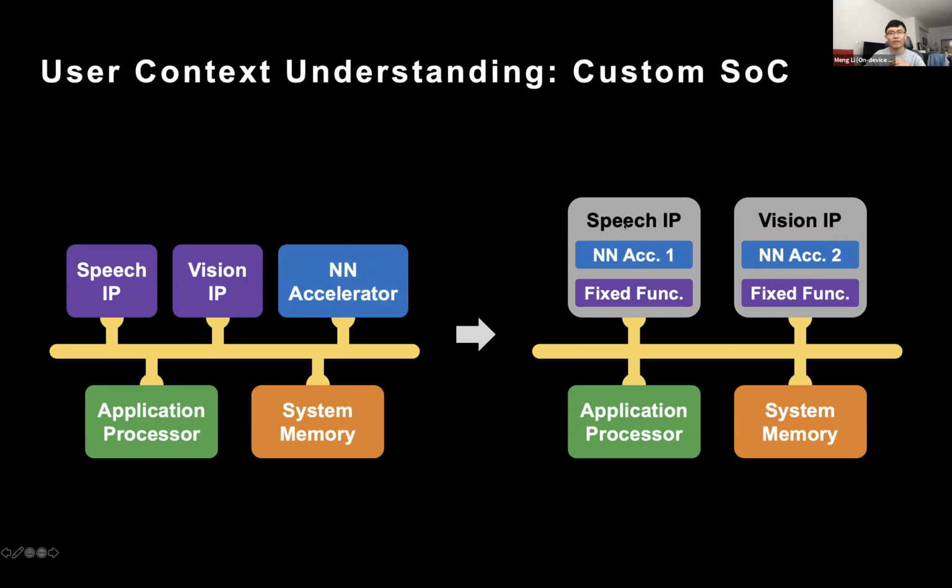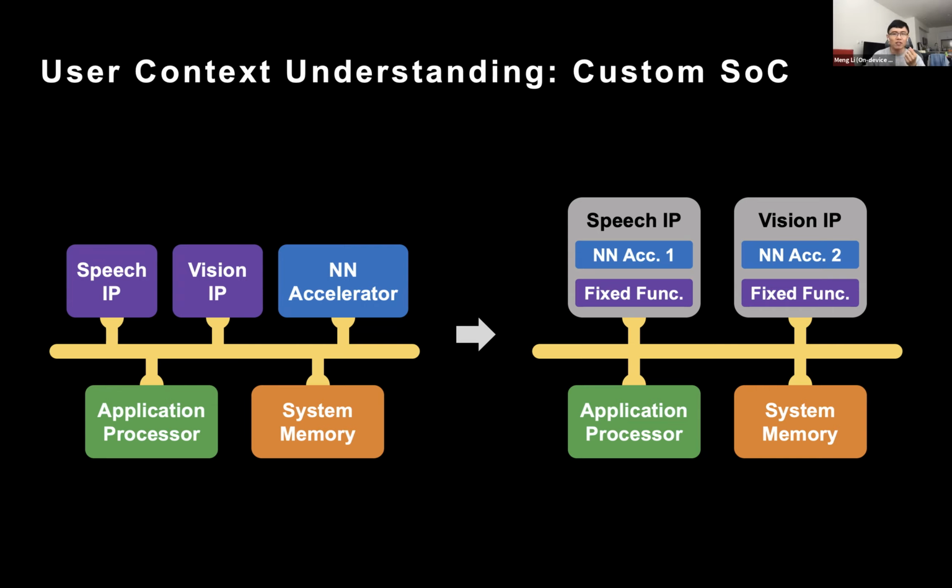For each vision IP and speech IP, there will be a dedicated neural network accelerator. This accelerator will be highly optimized just for this type of application to cut all the unnecessary corners and achieve the best accuracy per joule.